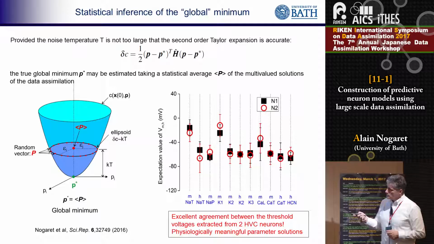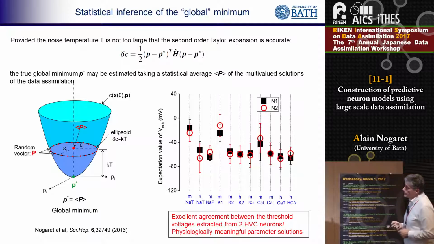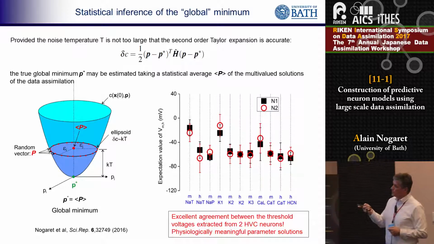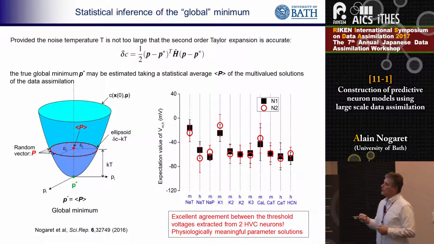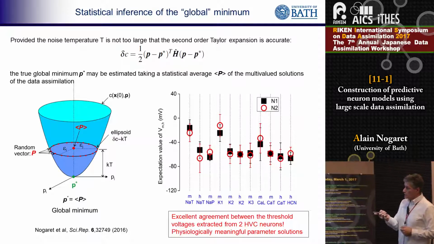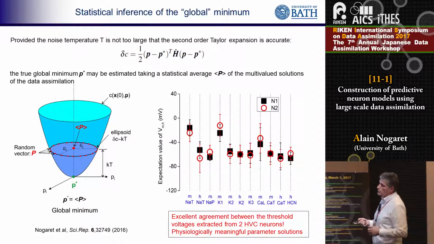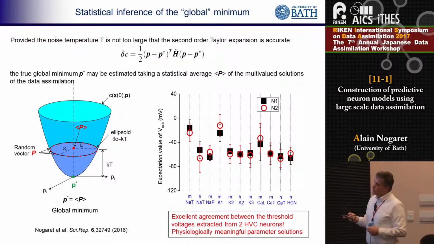On my diagram, this is this plot. When you do parameter search with data assimilation, you follow a path down the slope to this ellipsoid, but you can never reach the global minimum because of this kT residual energy or temperature. I think we have done some characterization of this ellipsoid.